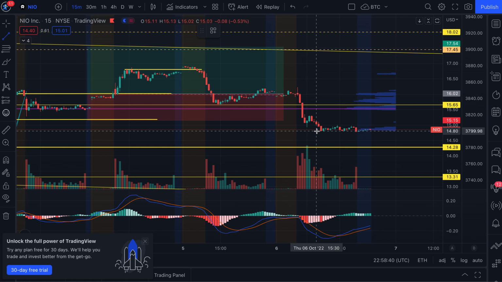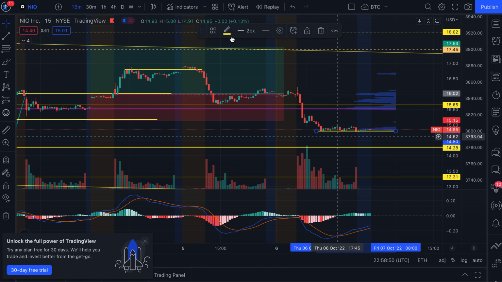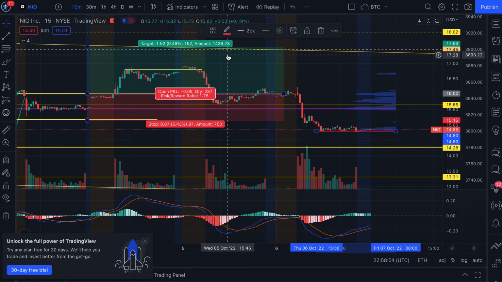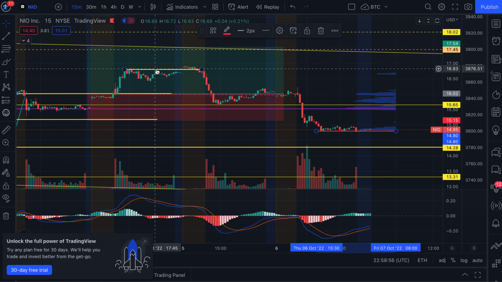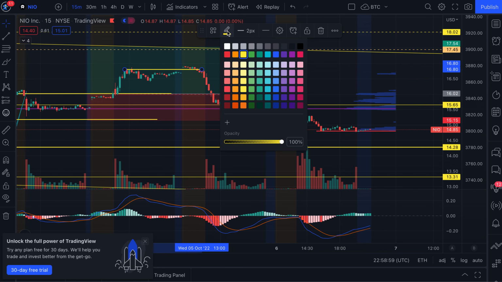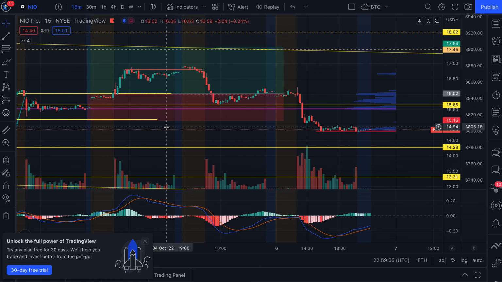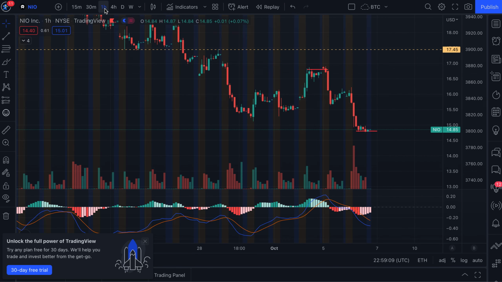The reason I want to do this with 14.80 is because I do not have these levels on my chart, as you can see. So in this case, what I'm wondering is why are 14.80 and 16.80 levels on this chart serving as support and resistance, and I did not have them marked?